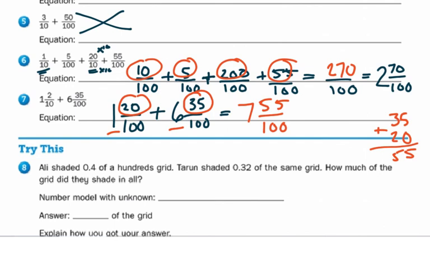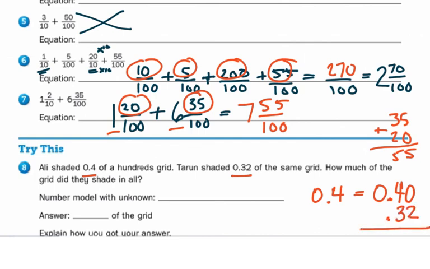And lastly, Allie shaded 4/10 of a hundredths grid. Tarun shaded 32 hundredths of the same grid. How much of the grid did they shade in all? Notice 4/10 and 32 hundredths. I'm going to change 4/10 so that it is hundredths. And all I have to do is multiply by 10 to get 40 hundredths, and then add together 32 hundredths.